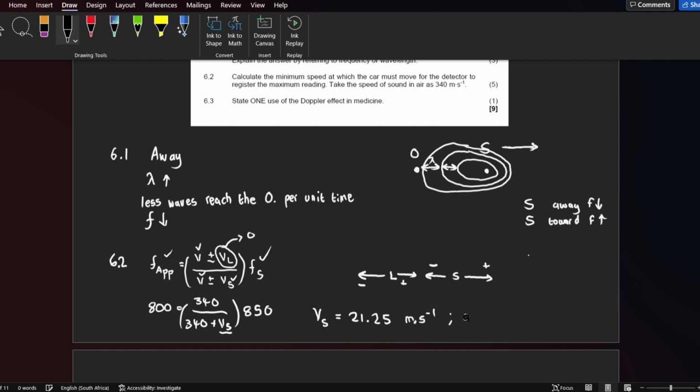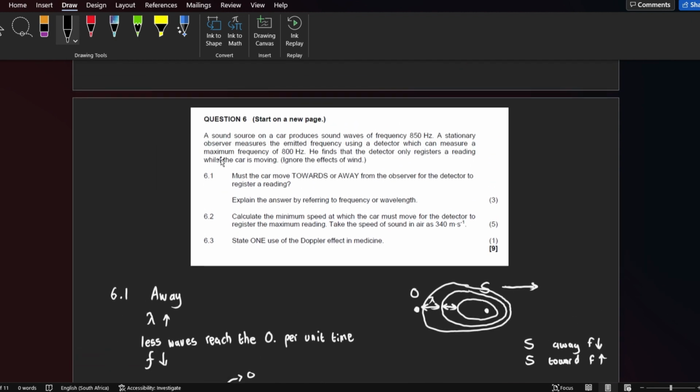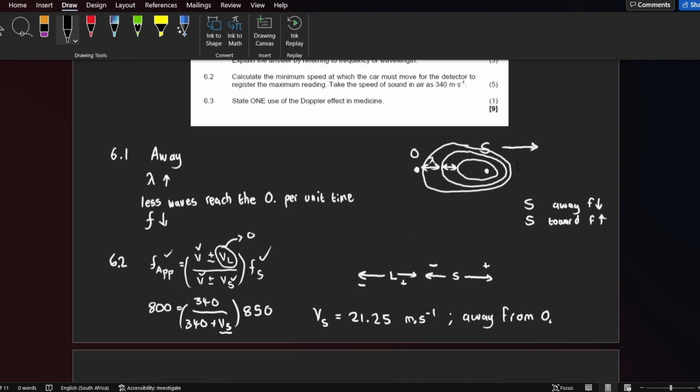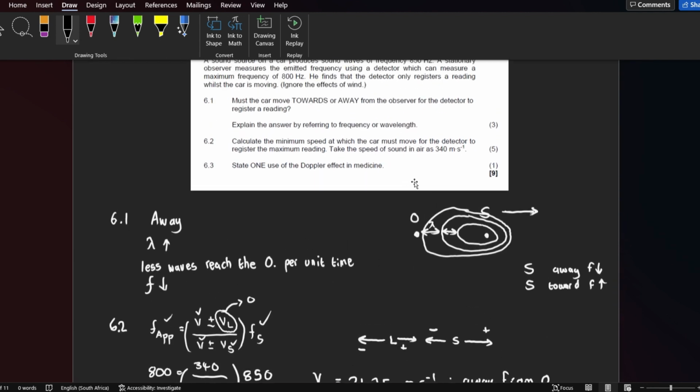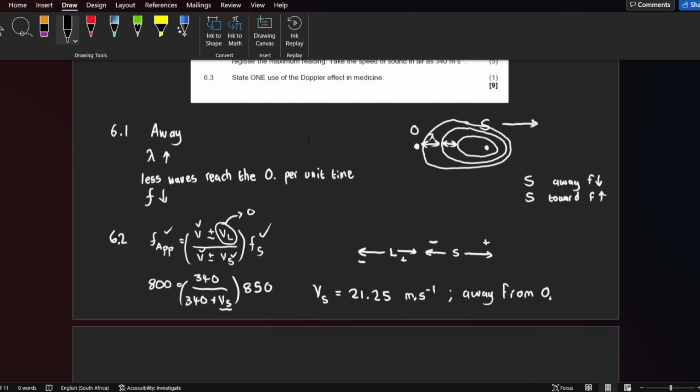The direction is away from the observer. Okay, so that gives us the minimum speed of the car for the detector to register the maximum frequency 800 hertz, because obviously if the source moves faster than that, the frequency will be lower than 800 hertz.